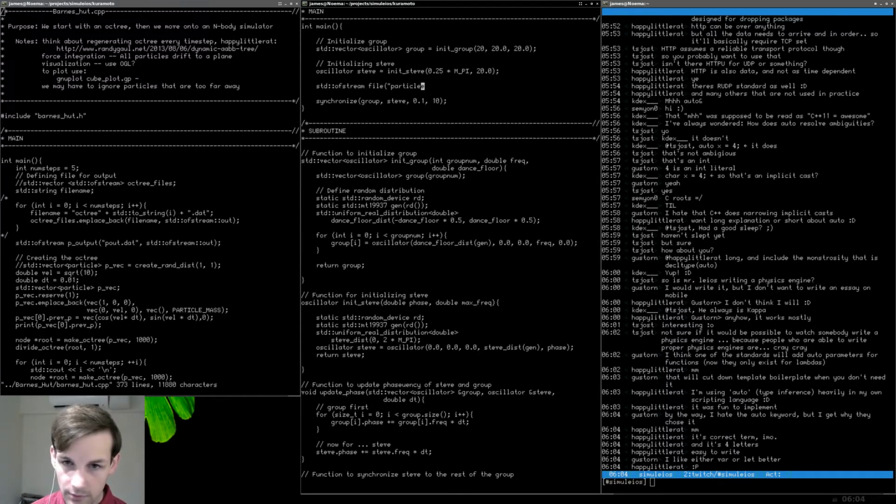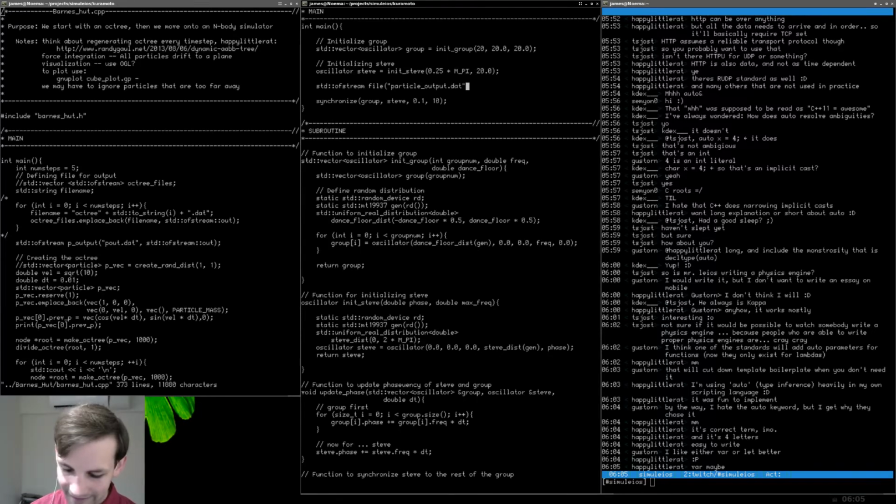One second, particle output. Oh, come on, put. Where's the T? There we go, dot dat. And then we're going to do std ofstream, yep, and then we want out. And that should be it.